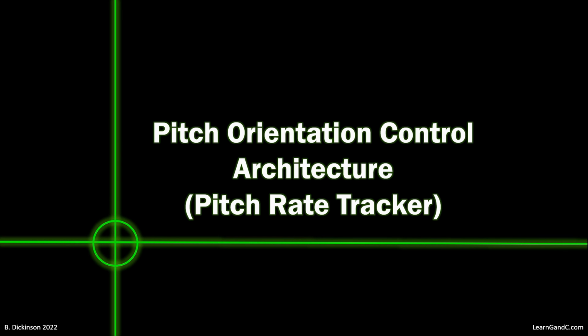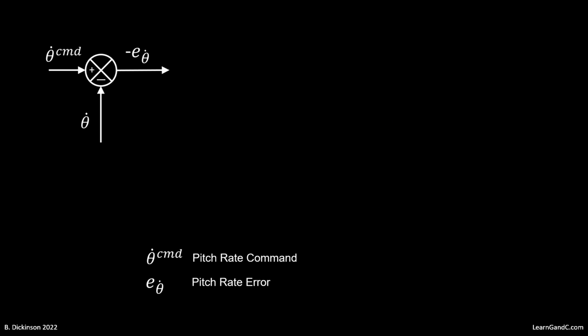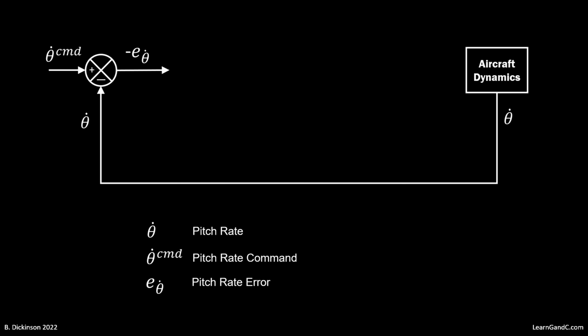Now, what's the architecture of the controller? We start with the pitch rate command. This is compared to the achieved pitch rate from the aircraft to produce an error signal that is amplified by a gain and integrated.